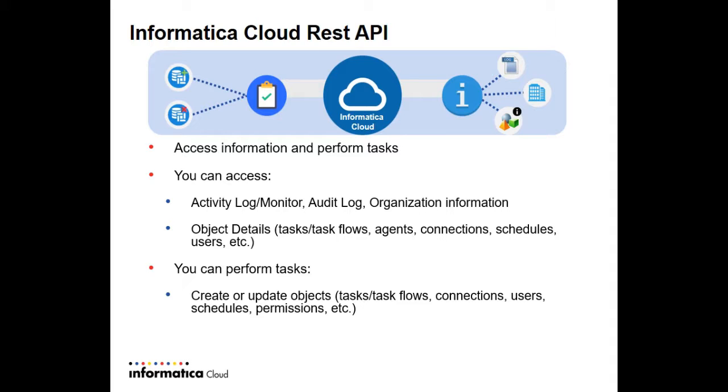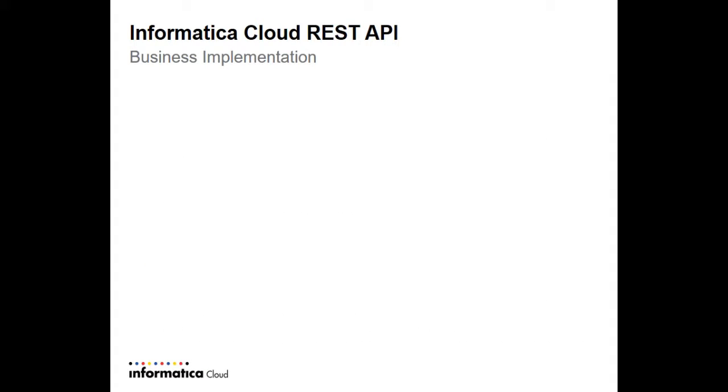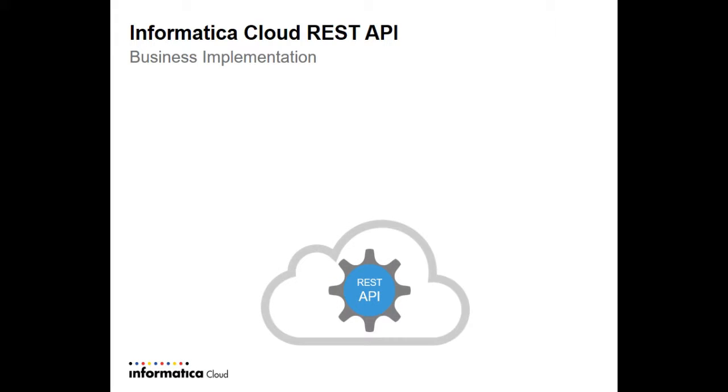You can also use the API to delete objects from the org. For completing all the tasks, you do not need to manually log in to your Informatica Cloud org if you're using the Informatica Cloud REST API. There are several advantages of using Informatica Cloud REST API.